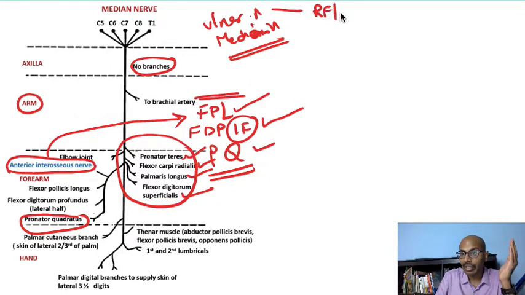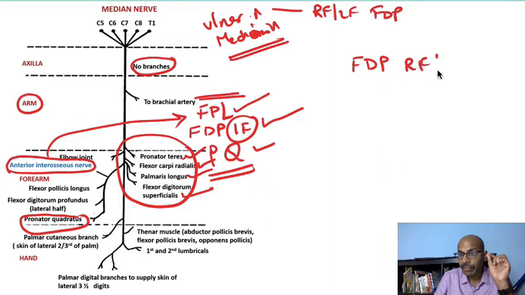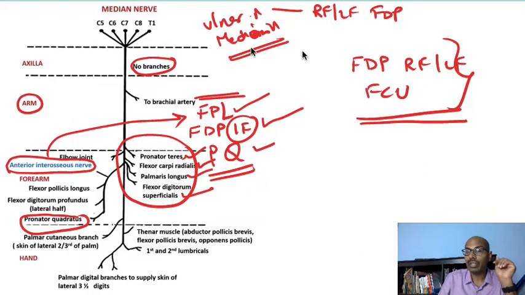So all the extrinsic muscles, that is the forearm muscles, are supplied by the median nerve except the following exceptions: FDP of the ring finger and little finger, and FCU, flexor carpi ulnaris. These are the only exceptions in the forearm. All the other muscles are supplied by the median nerve. Remember this.